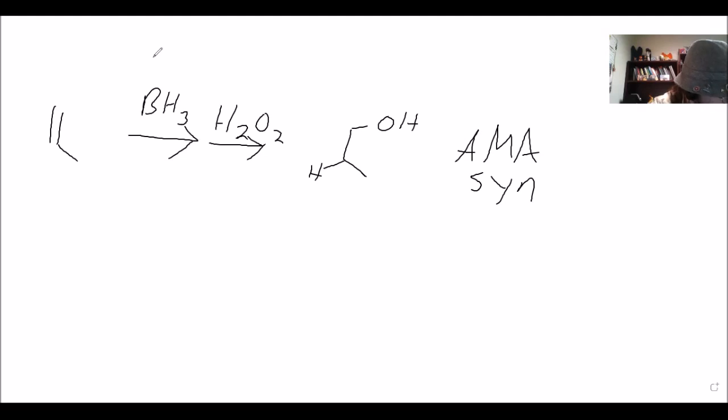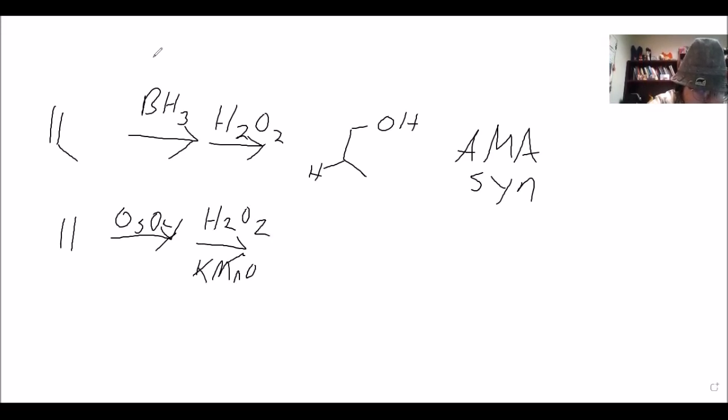We can also have ways of adding two oxygens to form dihydroxy ones. You can have osmium tetraoxide, and then we use an oxidant such as H2O2 or permanganate to form our dihydroxy. This is syn addition.